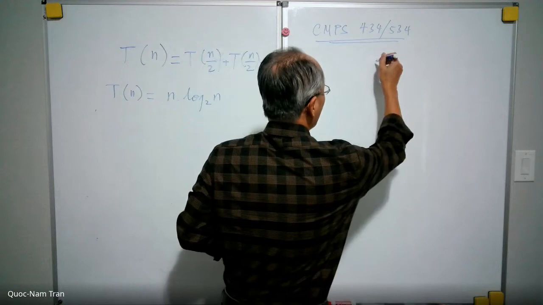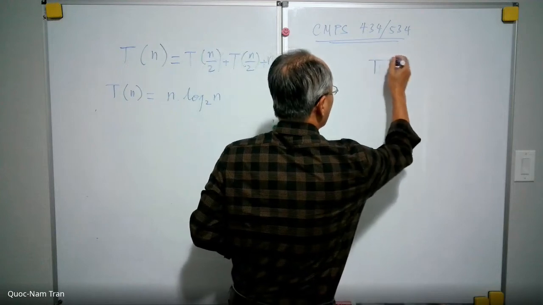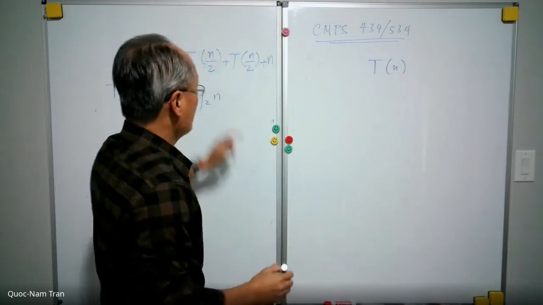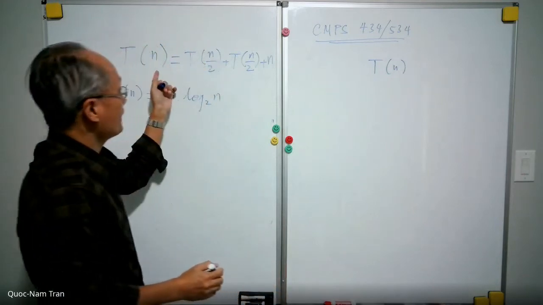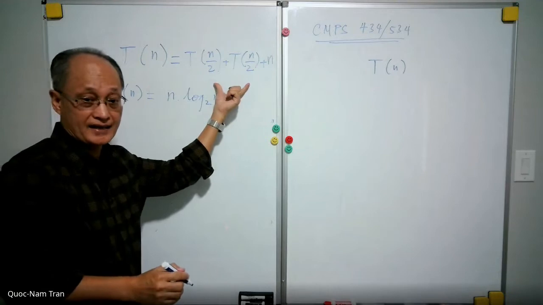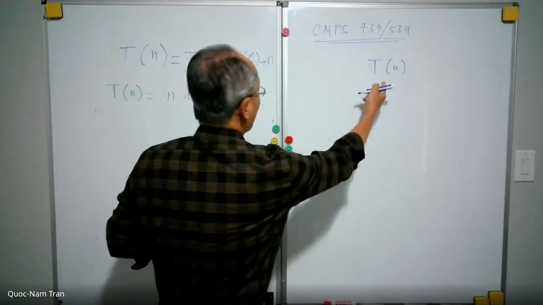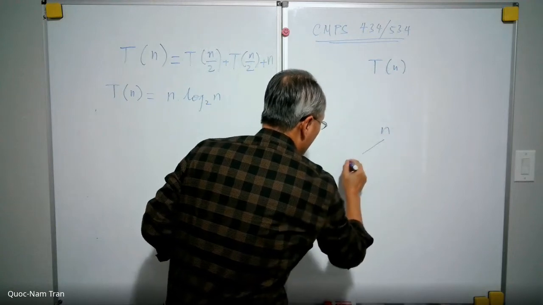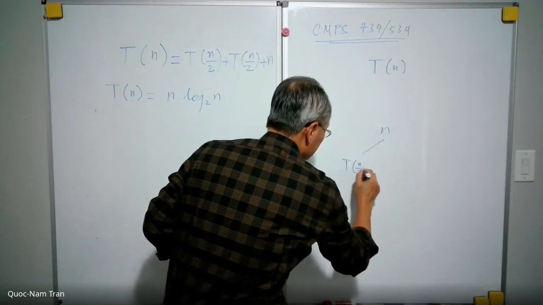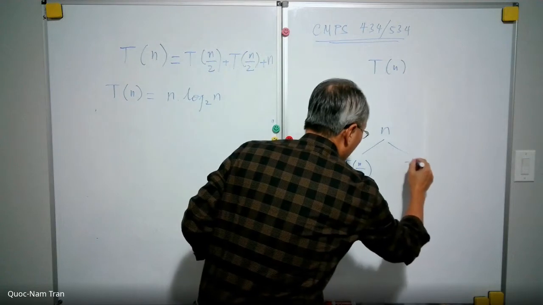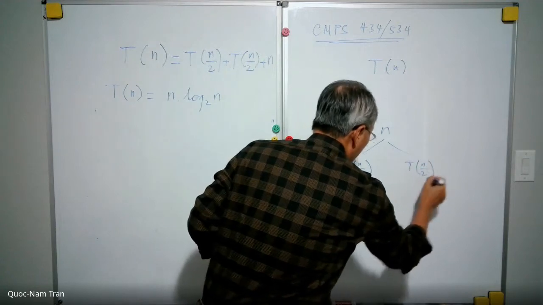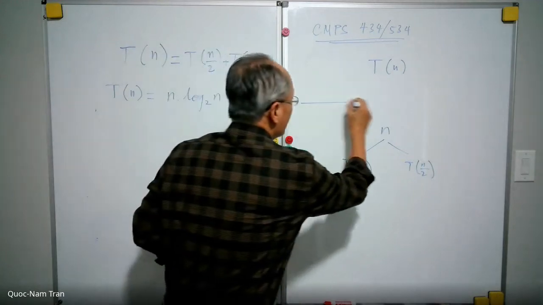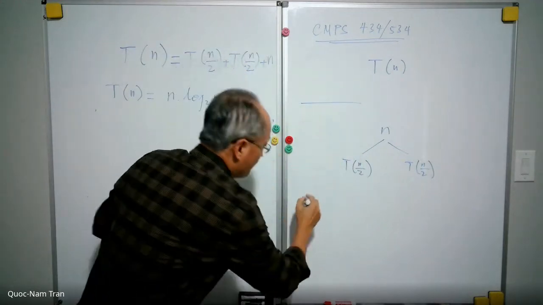First, we want to know what T(n) is. We will replace T(n) by the right-hand side. That is, replace T(n) by the extra cost n, and then T(n/2) plus T(n/2). Here it is step by step.